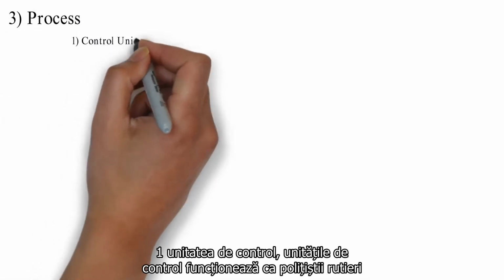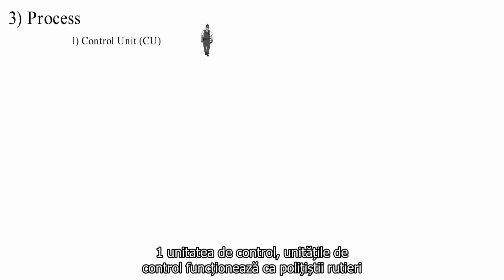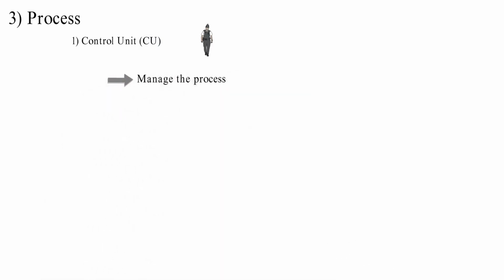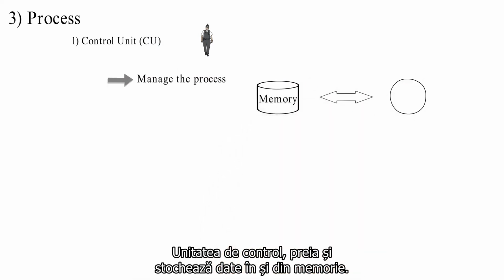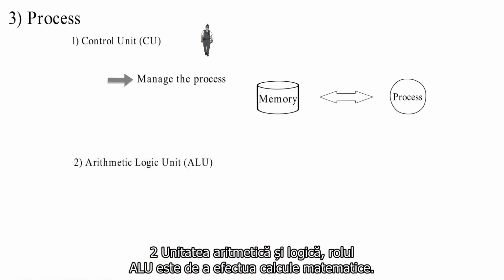1. Control unit. The control unit works like a traffic cop. It controls and manages the process and input-output. The control unit fetches and stores data to and from memory. 2. Arithmetic logic unit.